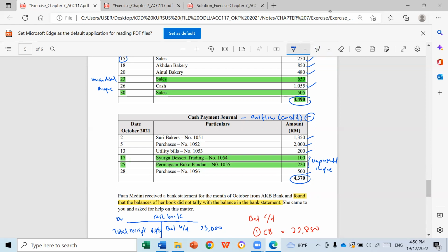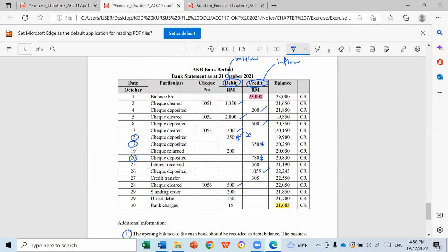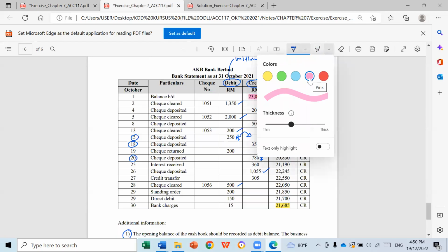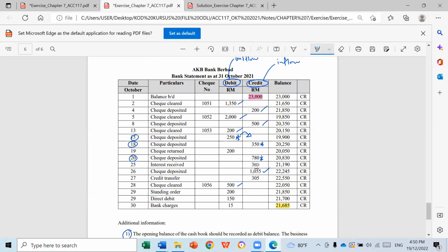Now let us look at the items recorded in the bank statement but not appearing in the cash book. I'm going to use a different color here. Let's look at the credit side first. We have 1 interest received and 2 credit transfers.